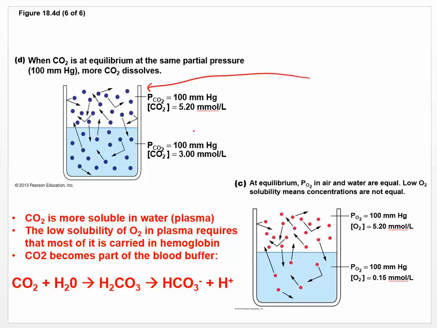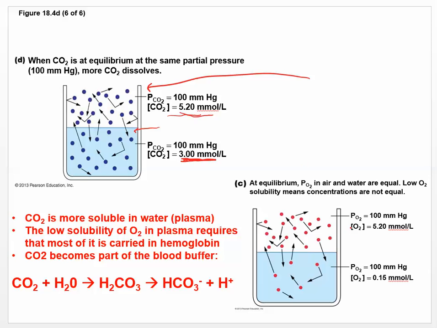Okay, so we can see that if the concentration of carbon dioxide in the air is 5.2 millimoles per liter, then because it's fairly soluble, in the fluid, which would indicate your blood, right? In the extracellular fluid and in your blood, you have about 3, okay? So it's a little more than half actually is dissolved and can move into the blood.